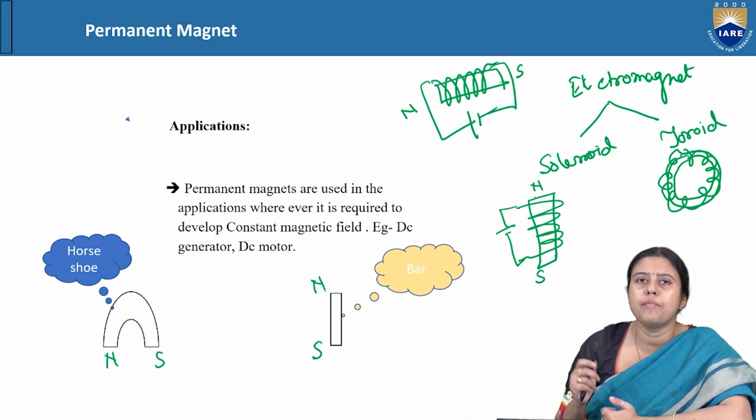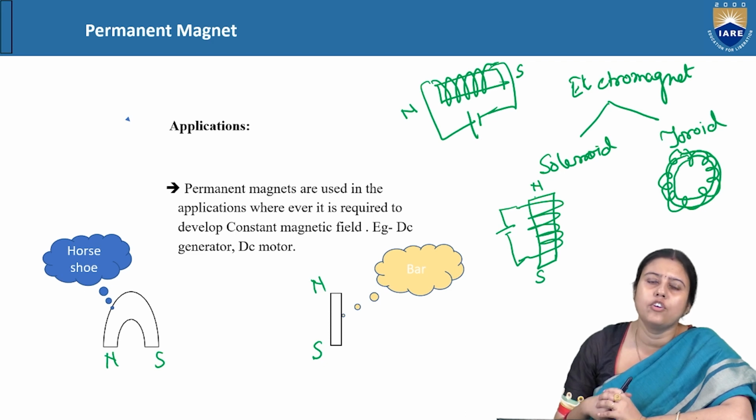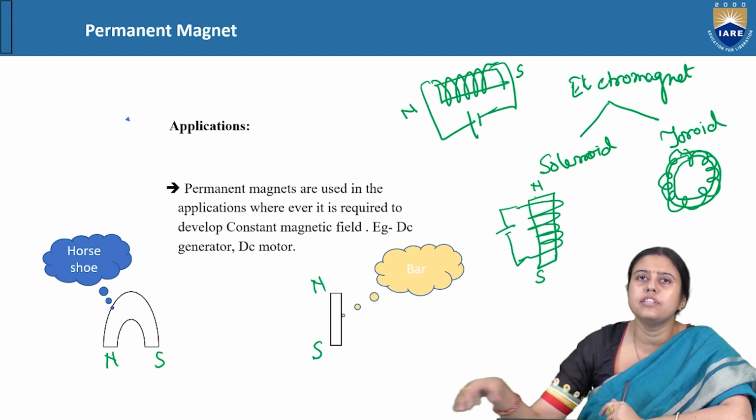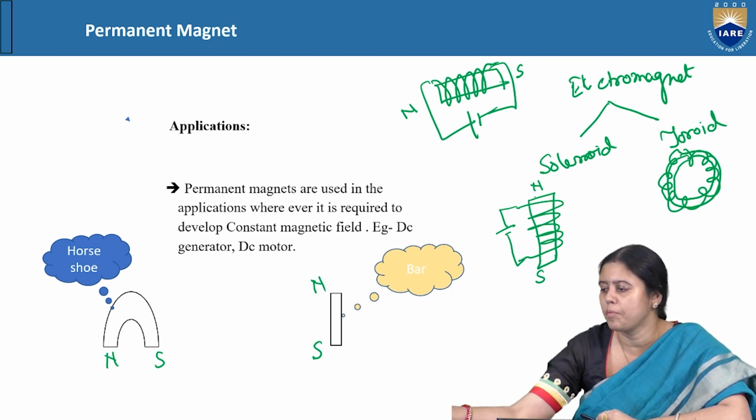Then we discussed two long parallel conductors and the force between them. Our currents are I1 and I2, and we got force equal to mu I1 I2 by 2 pi d, where d is the distance between them. Then we discussed the permanent magnet and electromagnet.